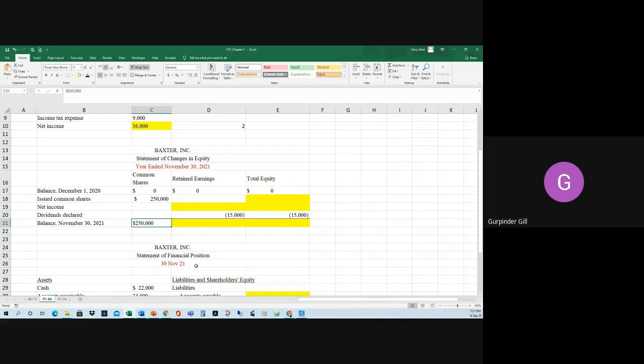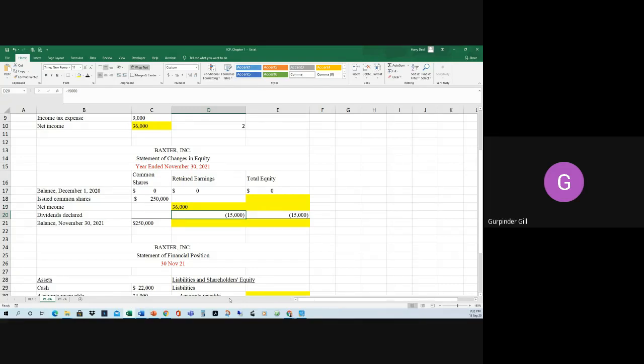Now, remember, we said we prepare our financial statements in the same order. The statement of income first, then our statement of changes in equity, and then our statement of financial position. So this net income number that you calculated, 36,000, will be brought to your statement of changes in equity, and that is why we make them in the same sequence. Our net income of 36,000 minus the dividend that you're paying.